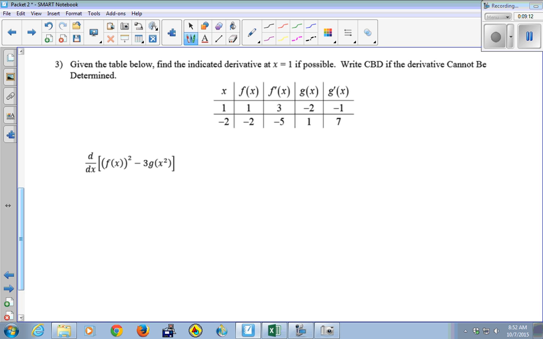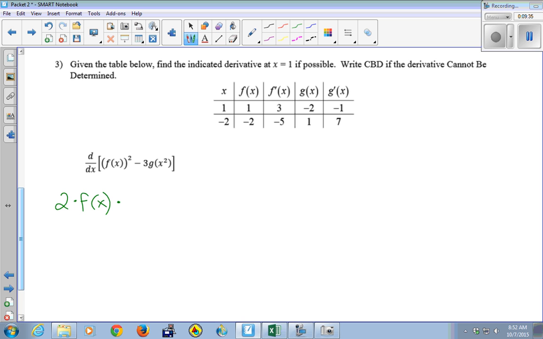All right, so I want to take the derivative of what's in these brackets here. So I have f of x squared. That's some stuff squared, right? How do you take the derivative of some stuff squared? Bring the 2 down, copy the f of x, reduce the exponent by 1, which is just the first. Okay, but then what do I still have to multiply by?